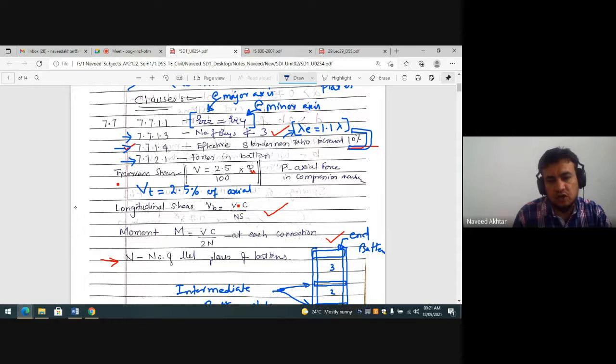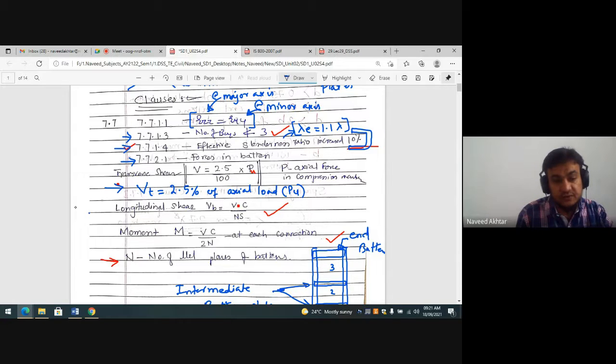Axial load on column, and axial load of column is nothing but we denote by the factored load Pu. So the factored load Pu, 2.5% of that is the transverse shear. Also, what it said is that you have to design the batten for transverse shear.